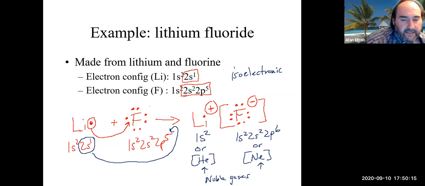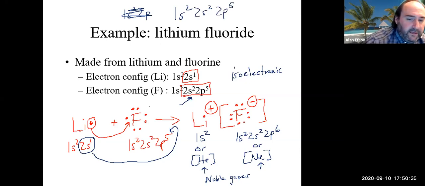So if you're asking about fluorine in terms of the valence electrons, you're asking about these guys here. Remember that valence electrons are in the highest energy level. When we look at this first number, that's the first energy level, so on the first energy level there are 2 electrons.